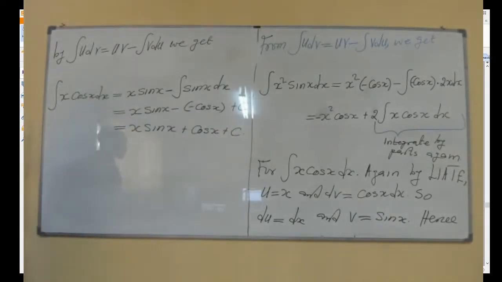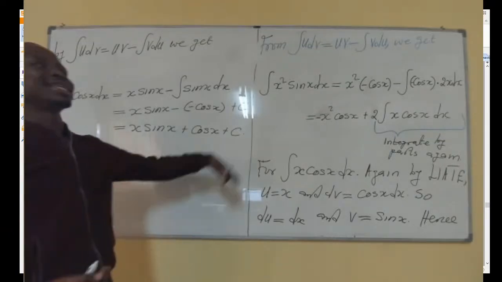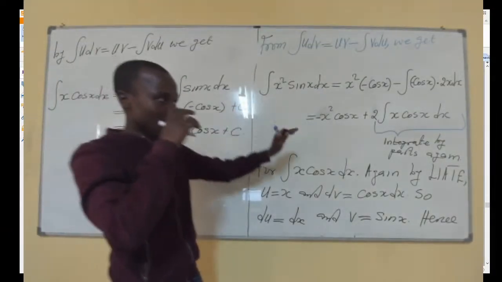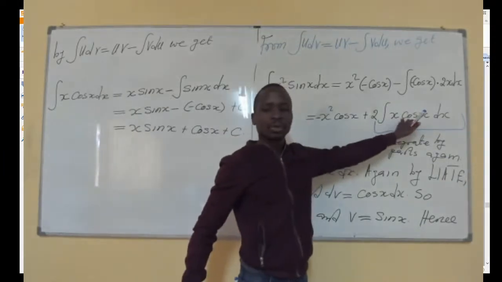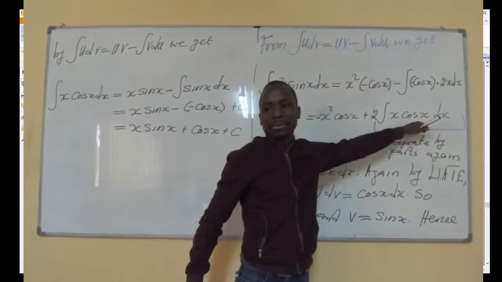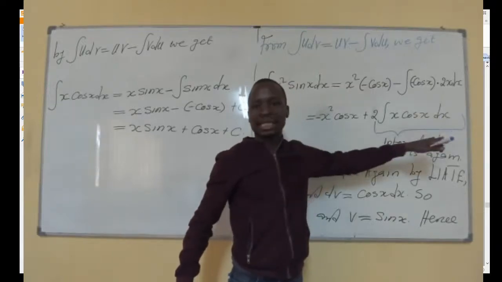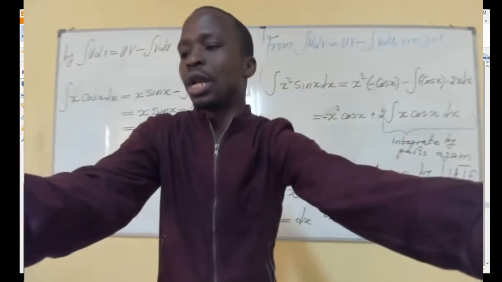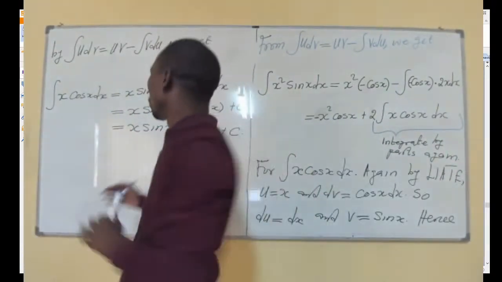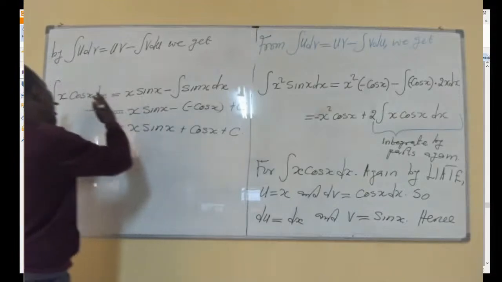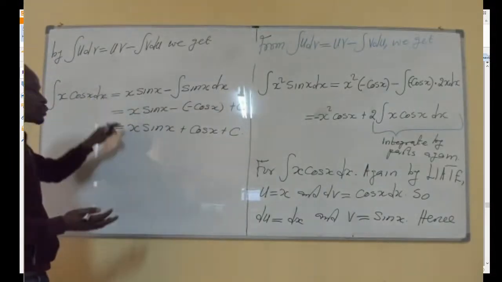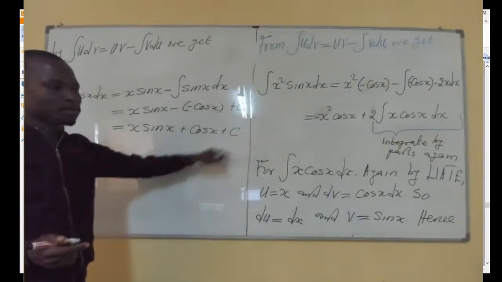So you've not yet completed your integral here. You have just decided to extract this part to evaluate the integral of this part using integration by parts. Now you're supposed to bring all this back to what you have found here. Where there is the integral of x cos x dx, you substitute this expression.